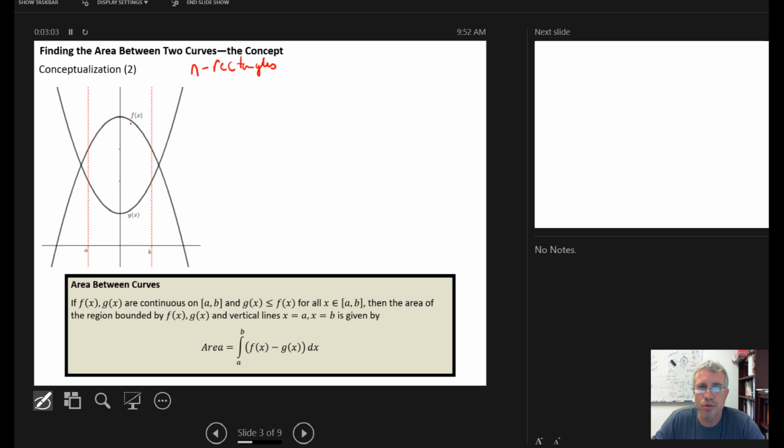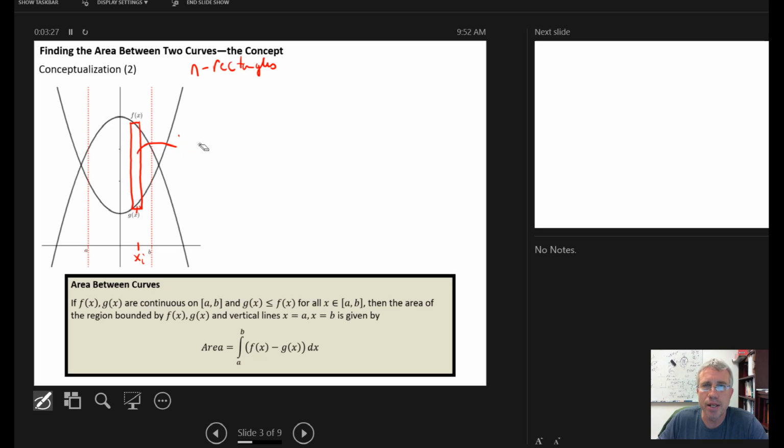And if we do that, we can draw one rectangle that we use to represent generically all of the rectangles. We could call this the characteristic rectangle. This is the ith rectangle on the interval from a to b. And the center of it right here would correspond to x sub i, the ith input value.